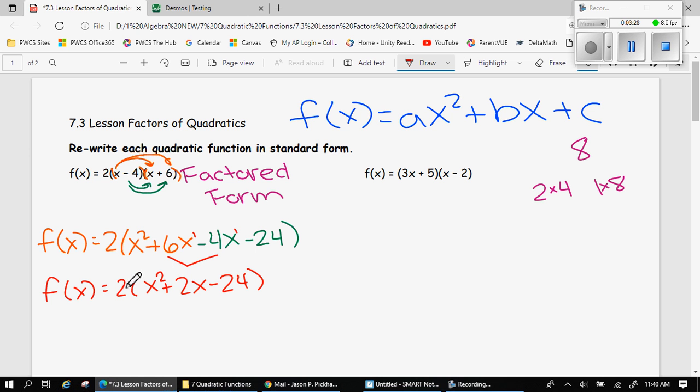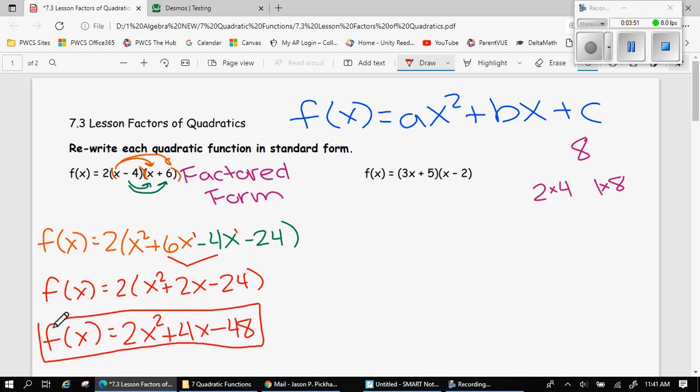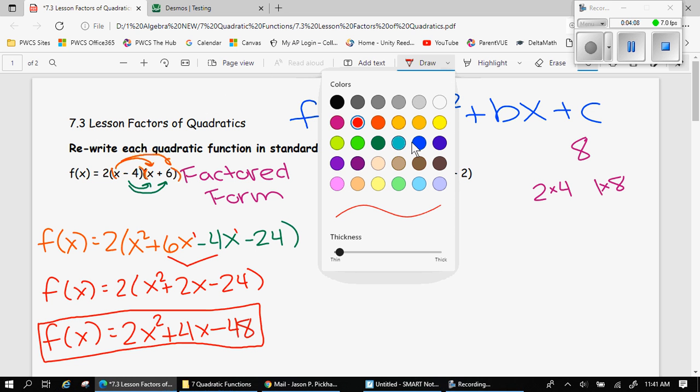Finally, I can distribute this 2, so I can multiply everything in here by 2, kind of like I just did up there. 2 times x squared is 2x squared. 2 times 2x is 4x. And 2 times negative 24 is negative 48. This is what our function looks like in its standard form. This was the factored form. We used that to find the standard form, and we could put this into the calculator, and we would have our quadratic function. A parabola. Remember, the graphs of these things are called parabolas.